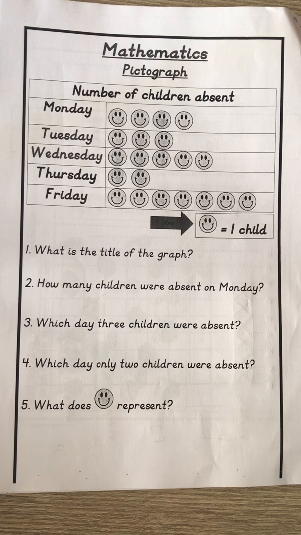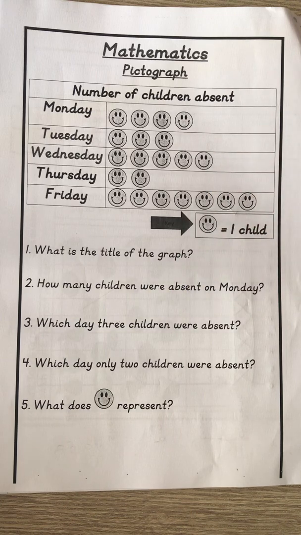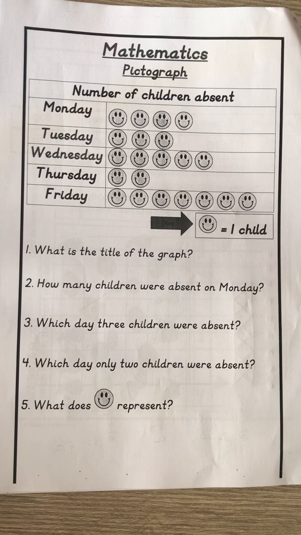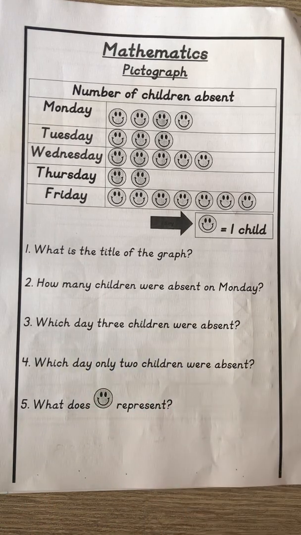I'm moving on. Number 3, which day were 3 children absent? Write the number. Oh, no, it's not a number. I'm lying. It's a day of the week. Write the day of the week when 3 children were absent.